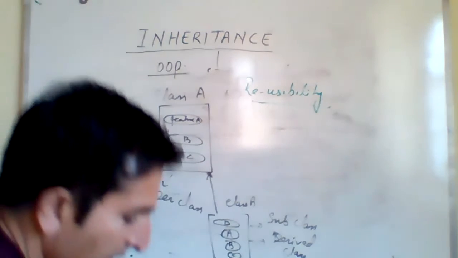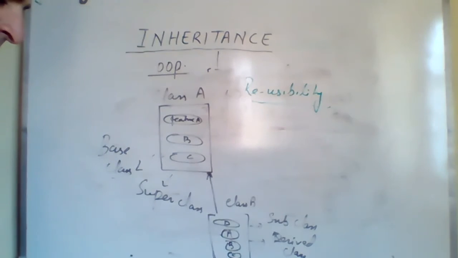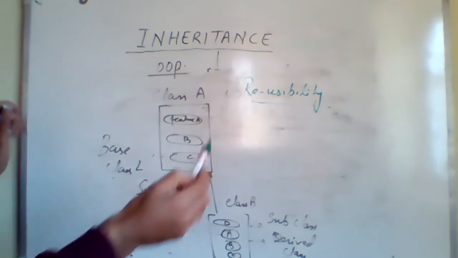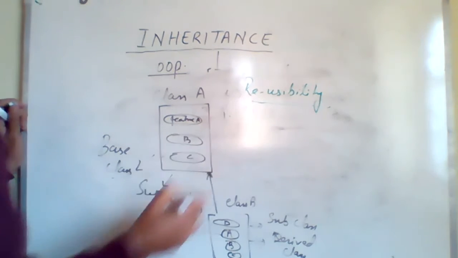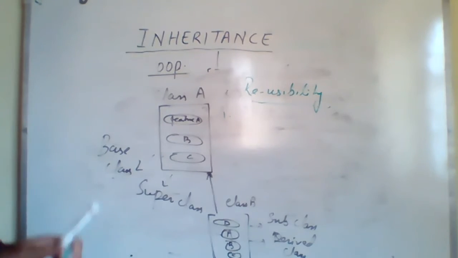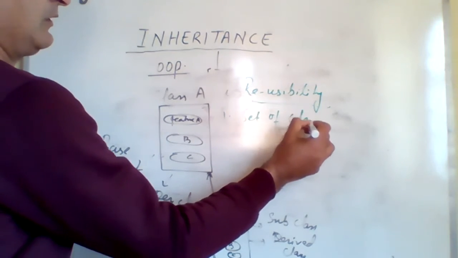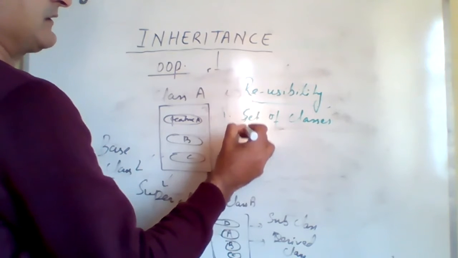Reusability is the main feature of inheritance. For example, we are working on a project and we have already written a set of classes.